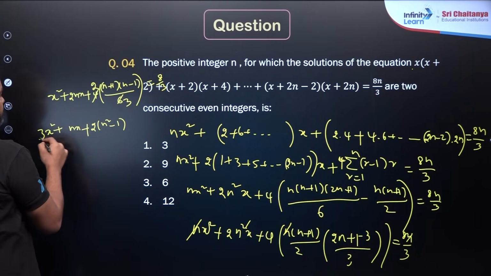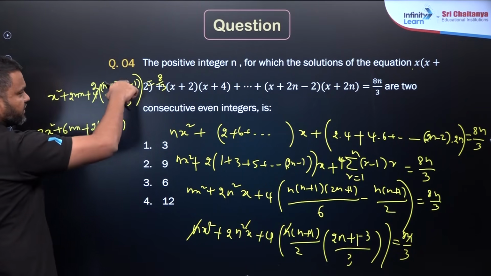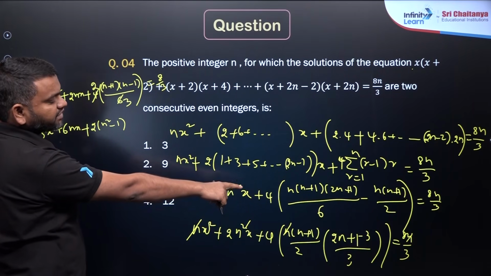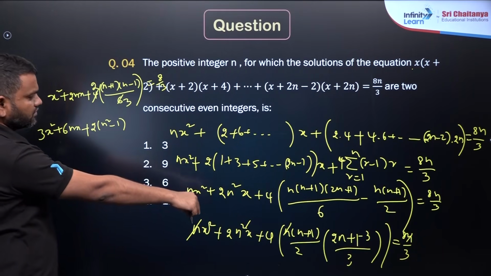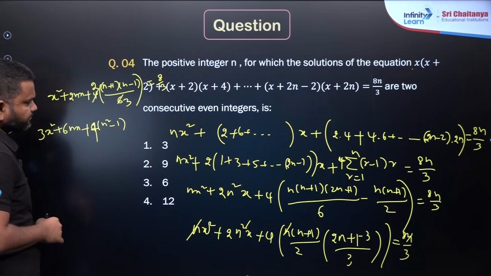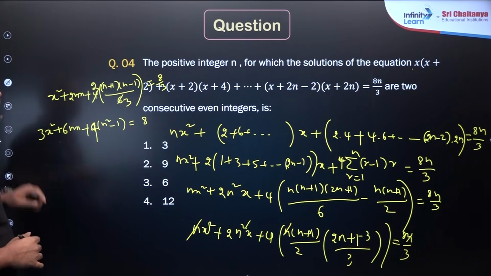If I am multiplying, this is going to be 3x square, this is 3 into 2, 6, and this is what I am going to get with these two terms, because there we have n plus 1 and there is 2n minus 2. So 2n minus 2, so one more 2 is there, so this is going to become 4, that is equal to 8. Now this is the equation we have here.